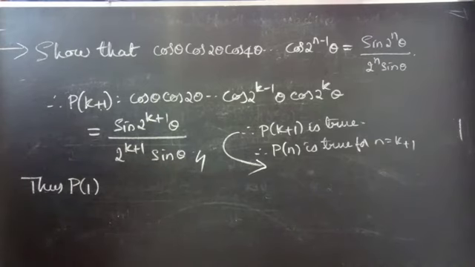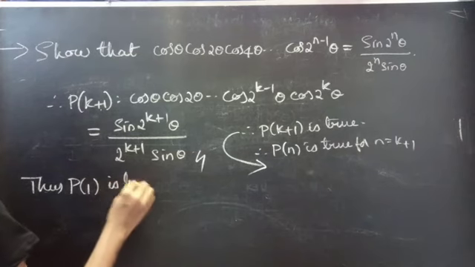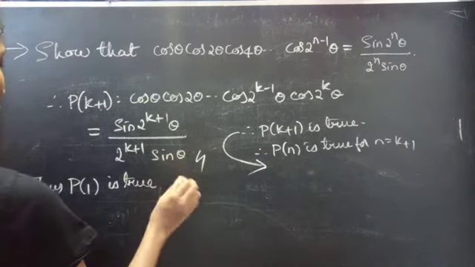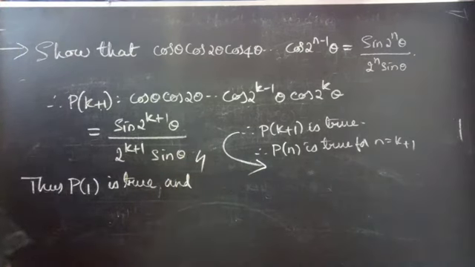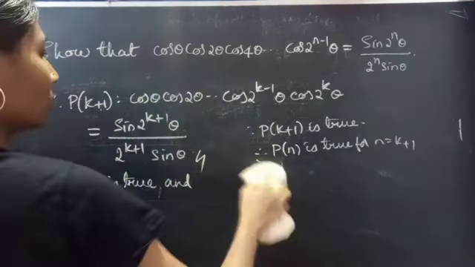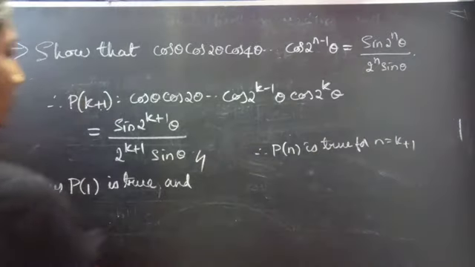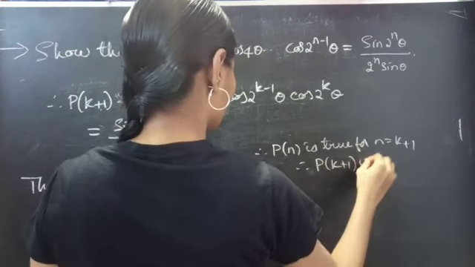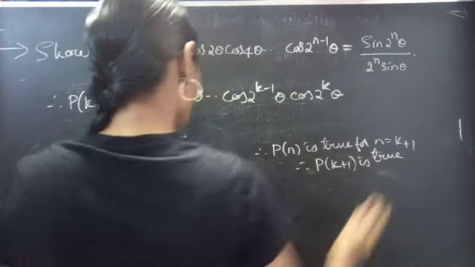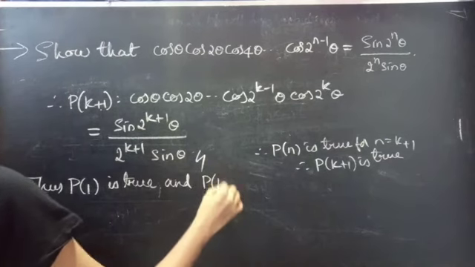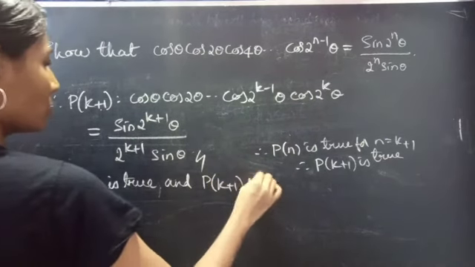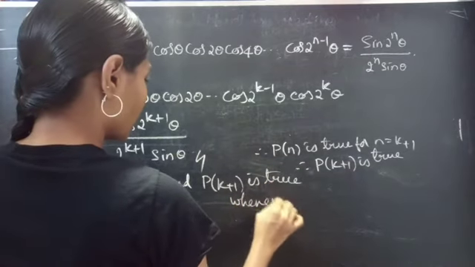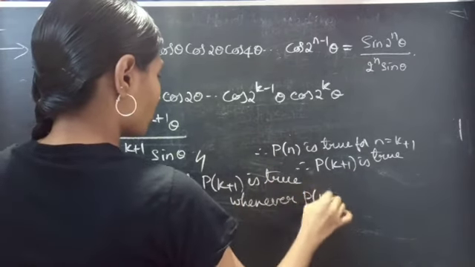Thus, P of 1 is true and P of k plus 1 is true whenever P of k is true.